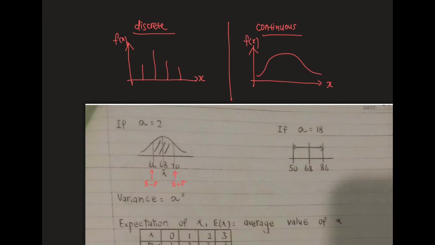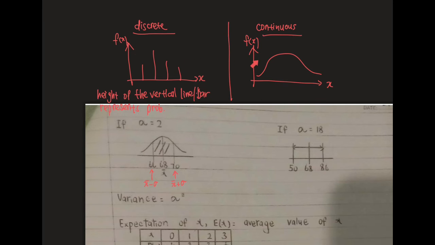This one, the height of the vertical line or the vertical bar is representing probability. If you still remember what we learned just now, like the 1 over 8, the 3 over 8, so the height represents the probability.